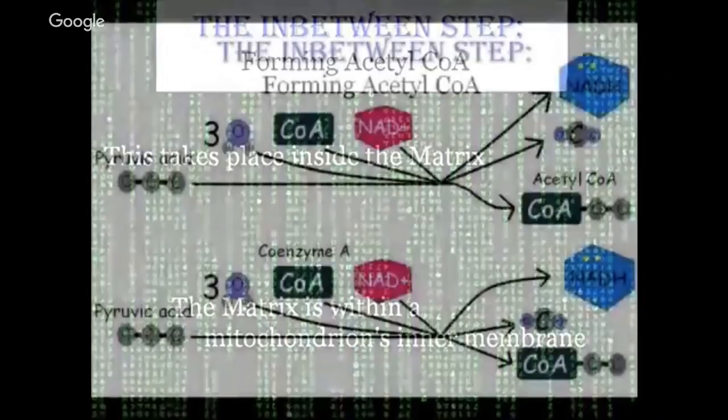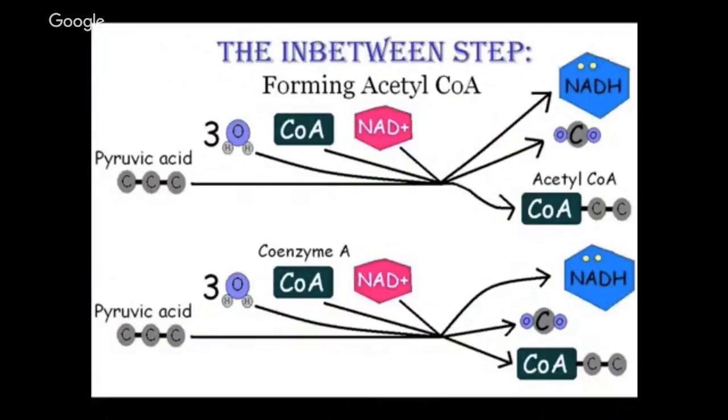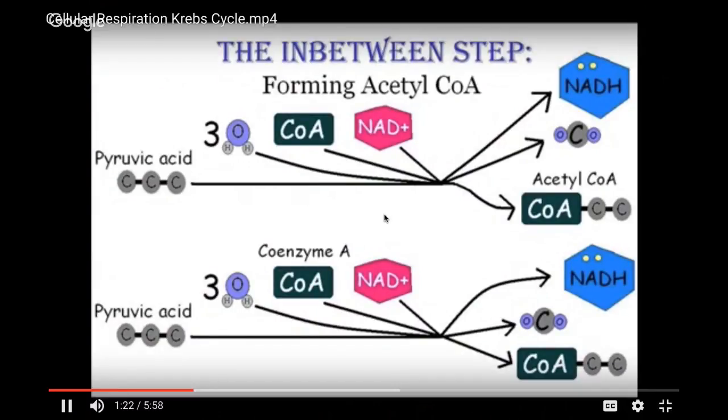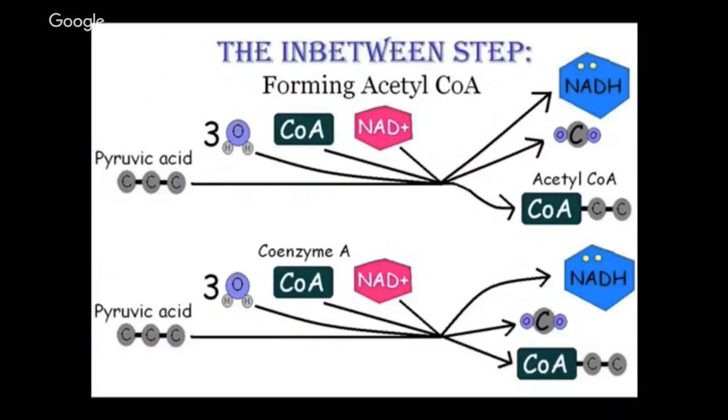We have two pyruvic acids, one on the top, one on the bottom. These pyruvic acids will come together with 3 water molecules, which, as you can see, I have the big O and the 2 little H's, that's H2O. And also the coenzyme A, which is a CoA, and an NAD+, which, remember, we talked about is just a carrier molecule.